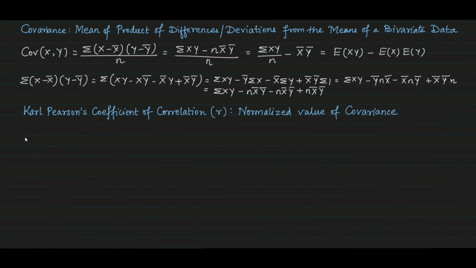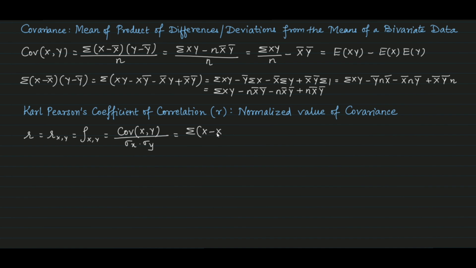So r, which is Karl Pearson's coefficient of correlation, also denoted by rho of xy, is covariance of xy divided by standard deviation of x into standard deviation of y.